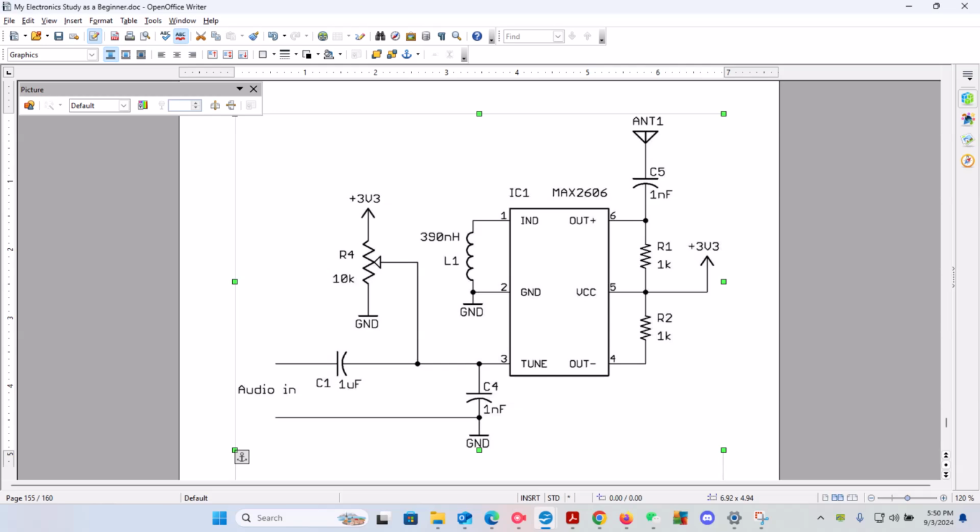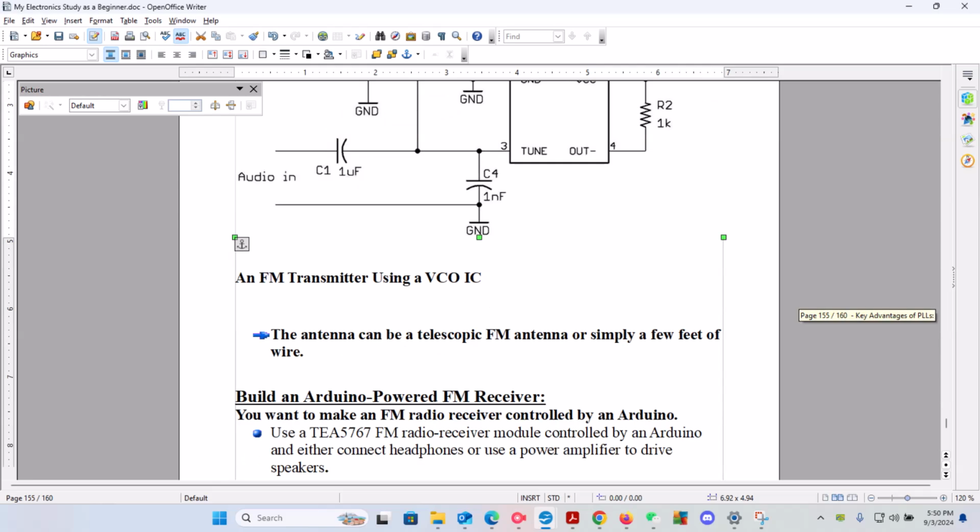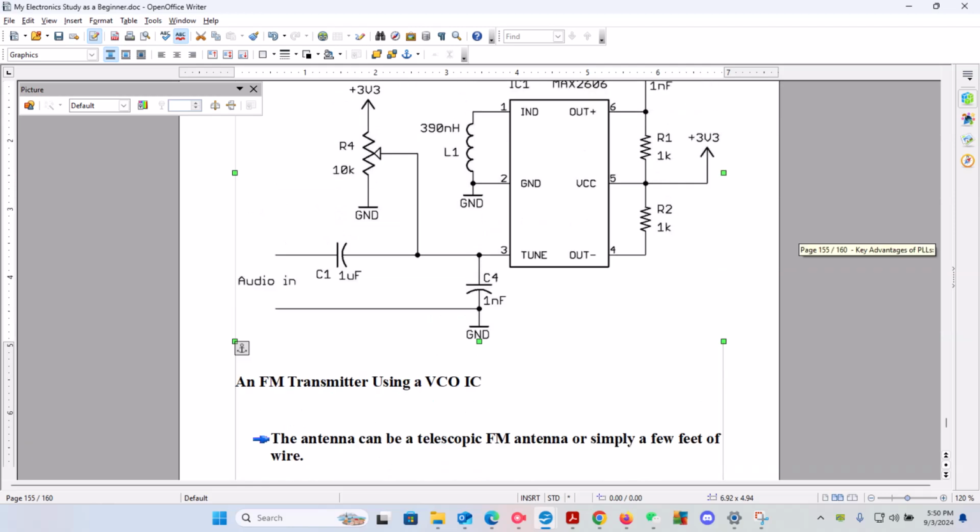The other main path goes to resistor 1, connecting out to the antenna. And then there's a capacitor to store the charge, and then the antenna for the signal going out. And that's basically what that is. And that's an FM transmitter using the VCO IC, standing for integrated circuit, or the chip itself here.